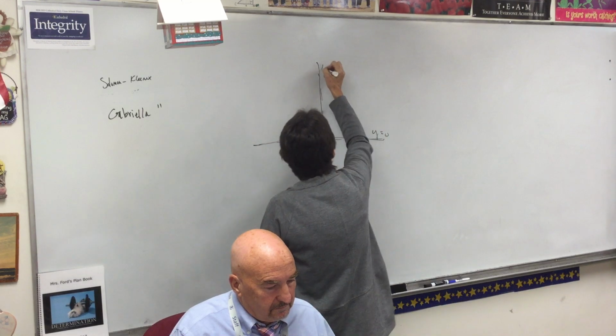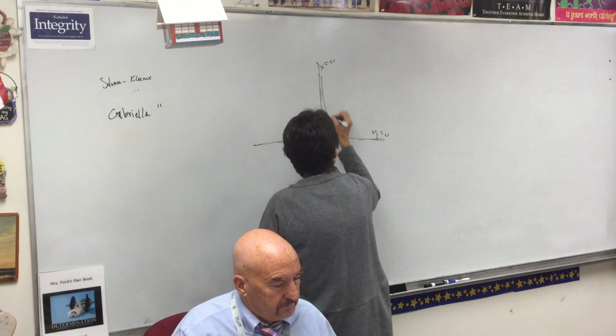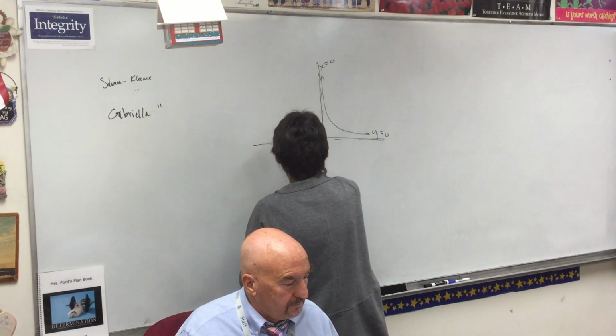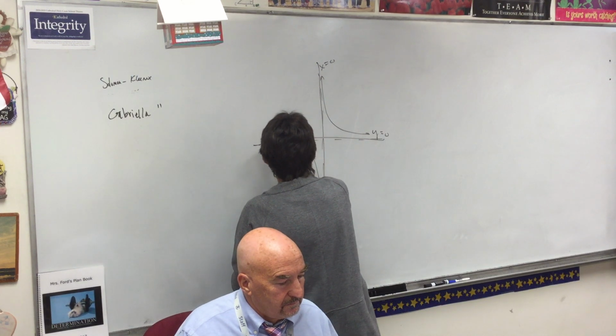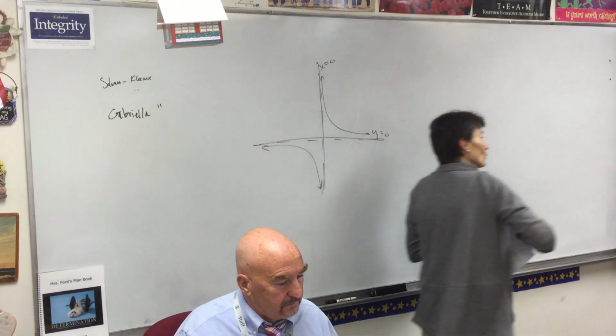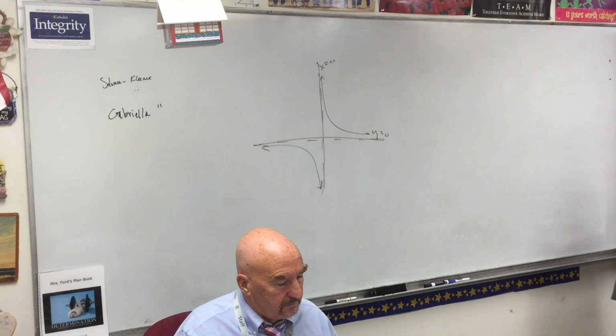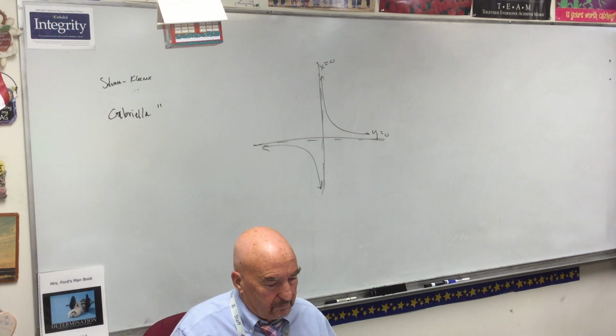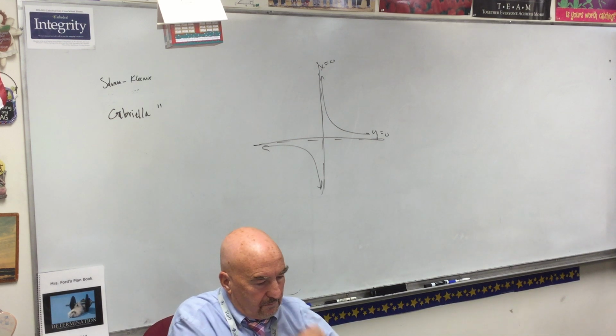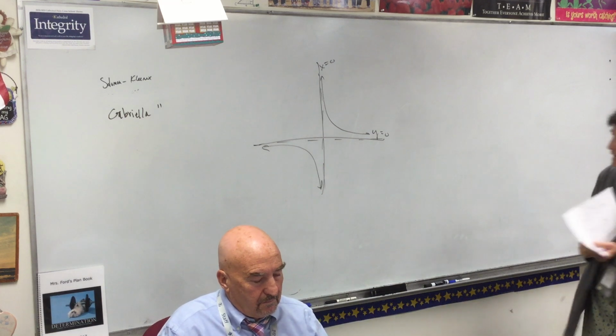So we are having two asymptotes and a curve that looks like this. Now, when you graph your reciprocal function, make sure that your curves are getting closer to their asymptotes. Don't curl them back in or have any kind of U shape. They follow those lines.